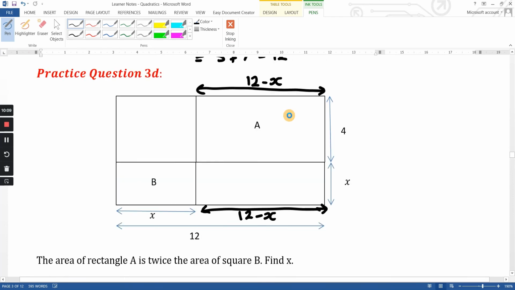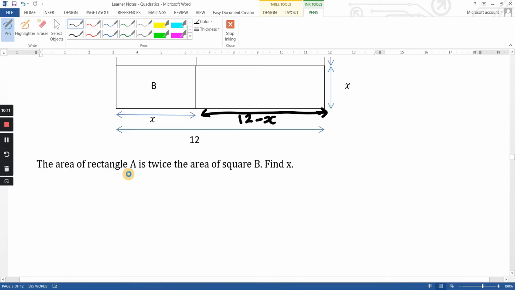So let's write this down. Area of rectangle A, so area A is equal to twice the area of B. Twice area B, let's write it like this.